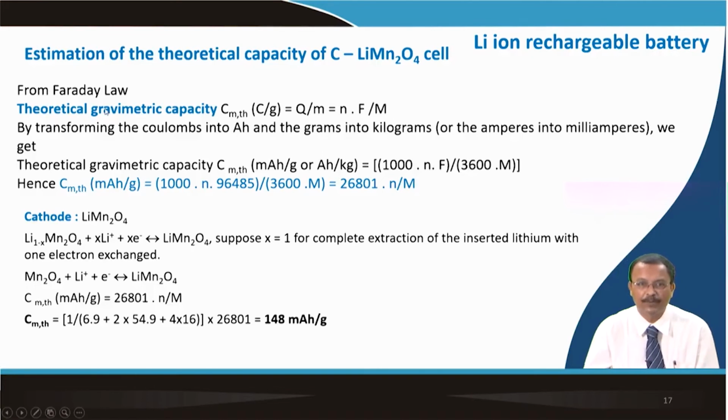So, the gravimetric capacity we can get as 1000 into NF and 3600 into capital M. So, the capacity in this unit, milliampere hour per gram, is 1000 into N into Faraday constant divided by 3600 into capital M. If you simplify it, you will get this simple relation: 26801 into number of electrons involved in this reaction by molecular weight.